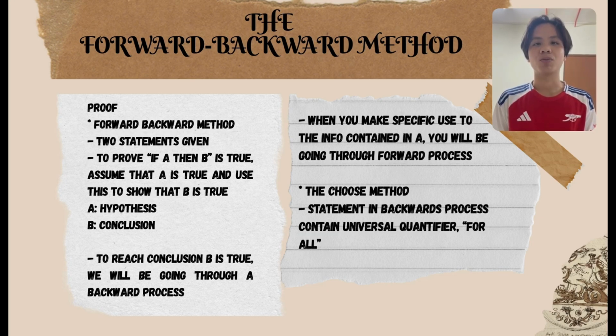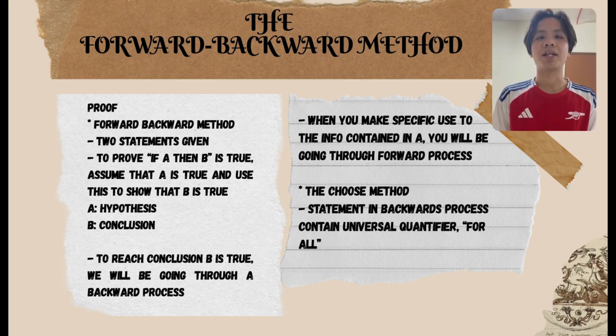The choice between the forward or backward method depends on the information given in the question. Usually, when the statement contains a universal quantifier like for all, the backward method is often more suitable. In summary, the forward-backward method helps us to prove a statement clearly by connecting the hypothesis and the conclusion in a logical way.